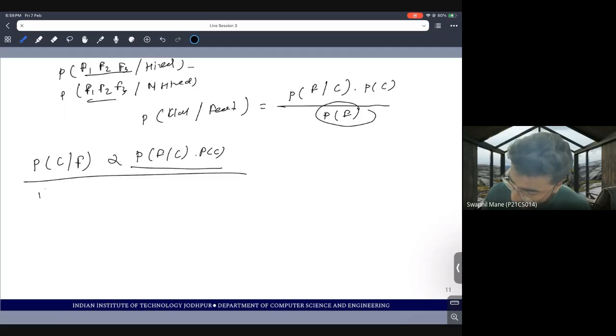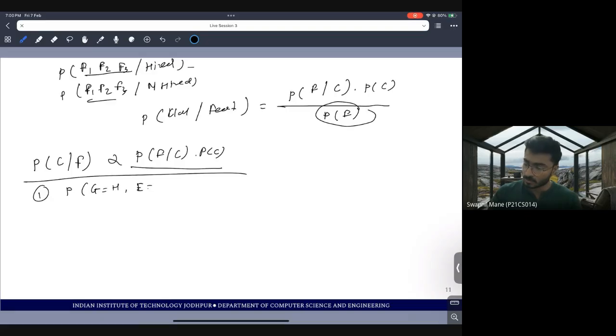The first equation: we need to find the probability, given this specific condition, that this event belongs to the hired class. That is the probability of GPA equal to high, also efforts equal to some, also confidence equal to yes, given that hired is equal to S, into the probability of hired.